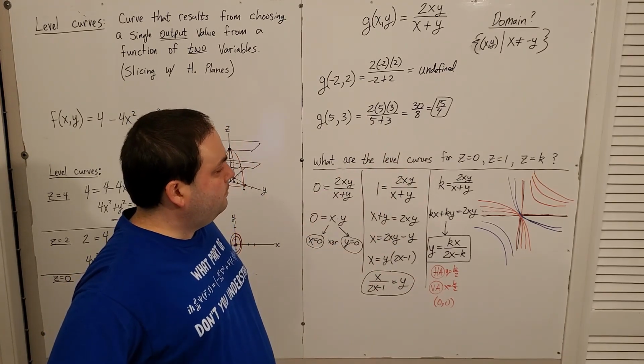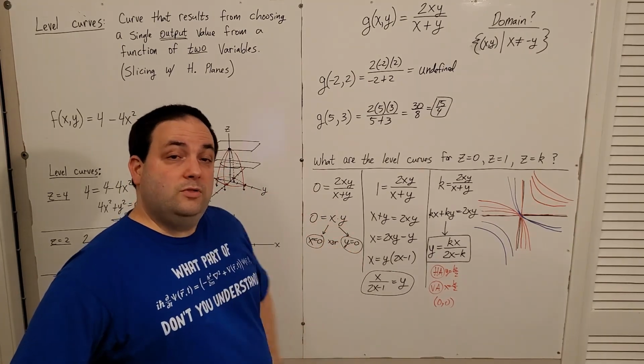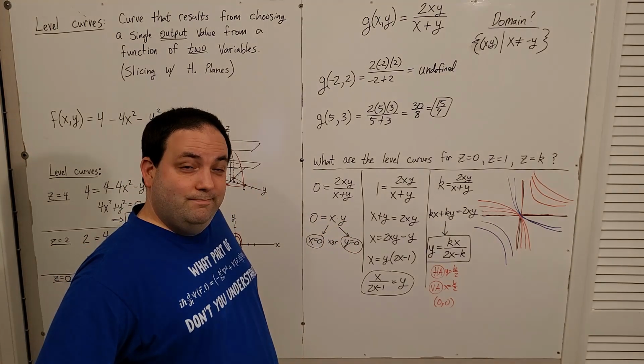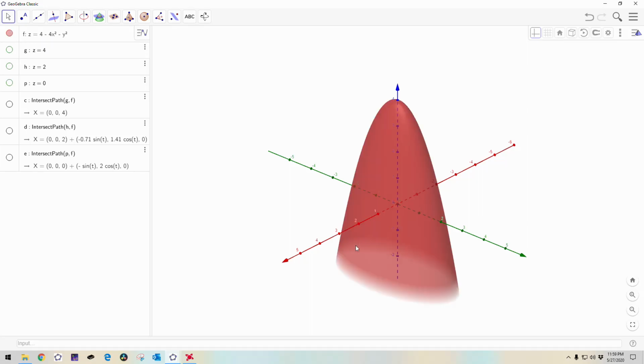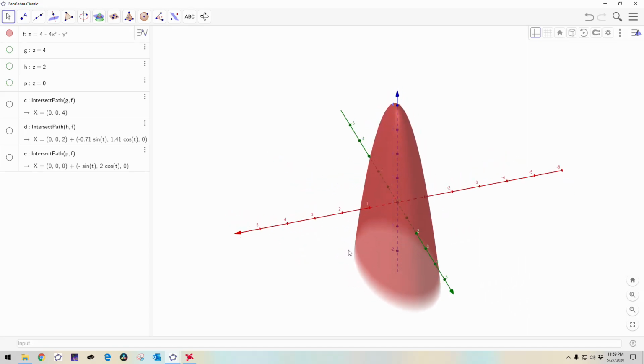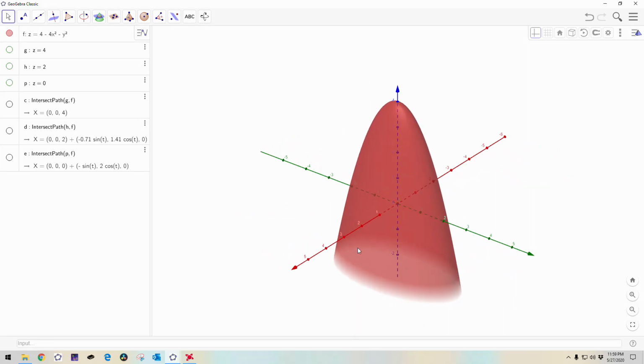All right? So I want to show you what this looks like for real. Go take a look at GeoGebra. Let's get a close-up look at these two shapes that we were just doing the level curves of. Here, I've got the function f is 4 minus 4x squared minus y squared. As we saw from my semi-decent graph, it is an elliptic paraboloid.